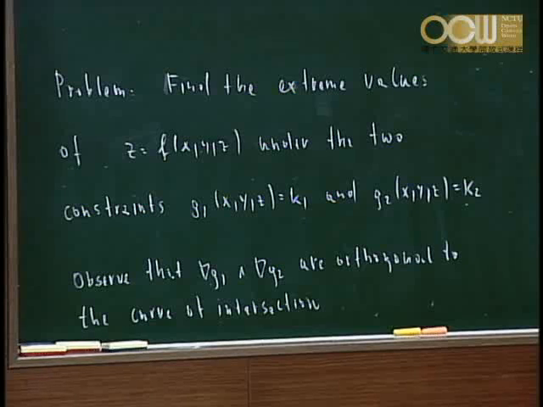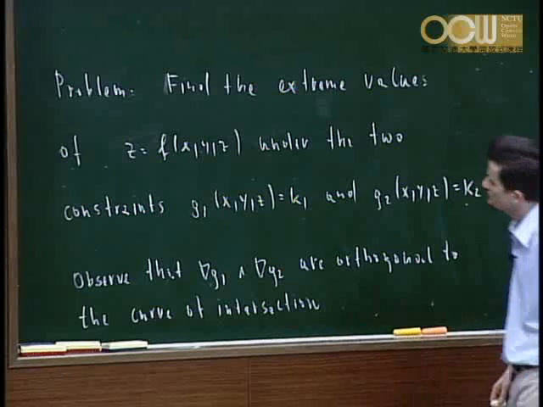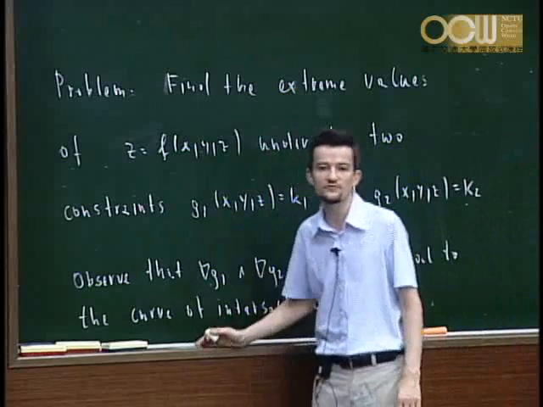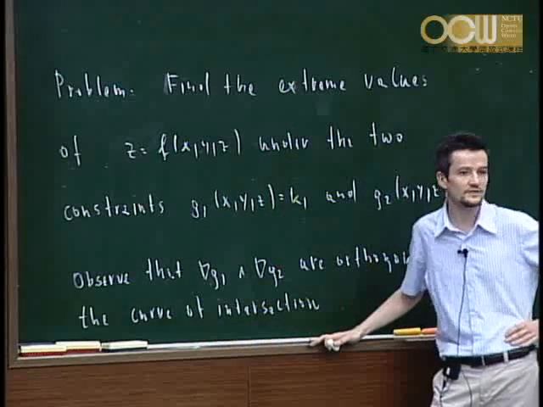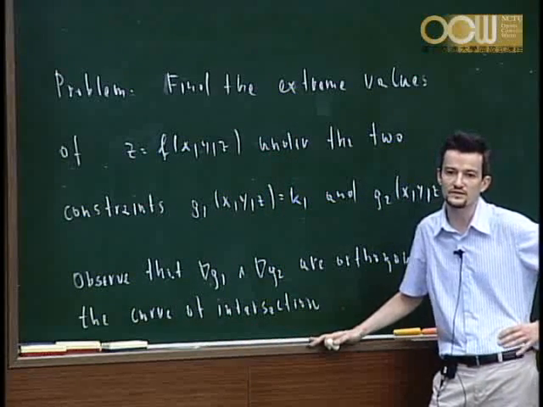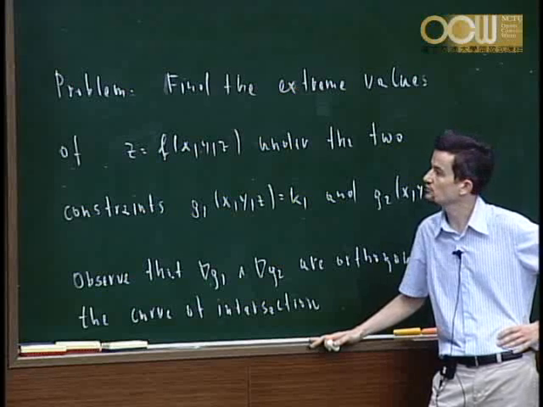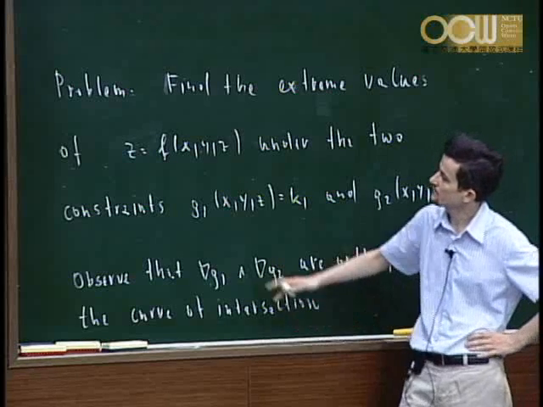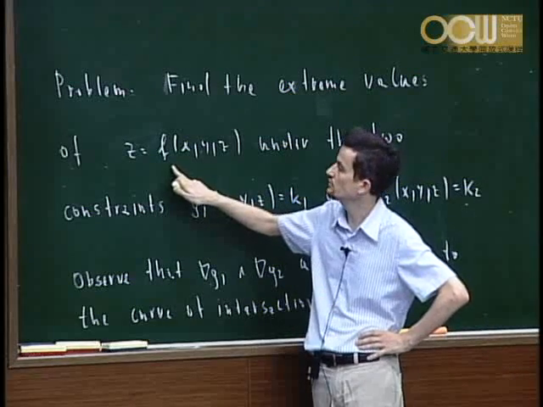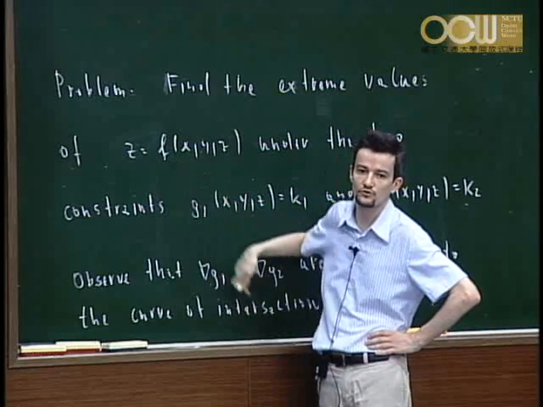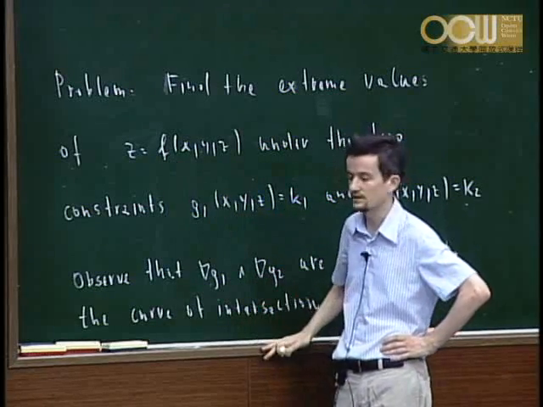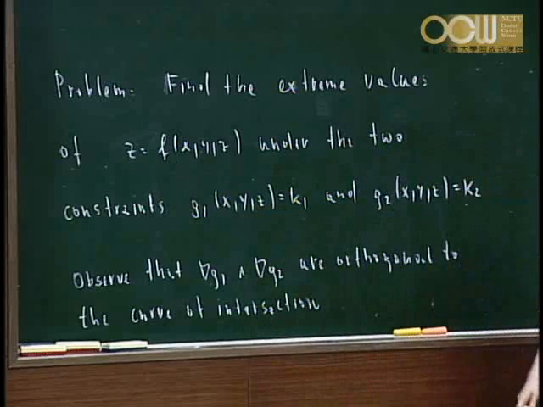Now if you use the same reasoning which you have seen before for the method of Lagrange multipliers, then you will observe, because of Fermat's theorem, that the gradient of f is also orthogonal to the curve of intersection.